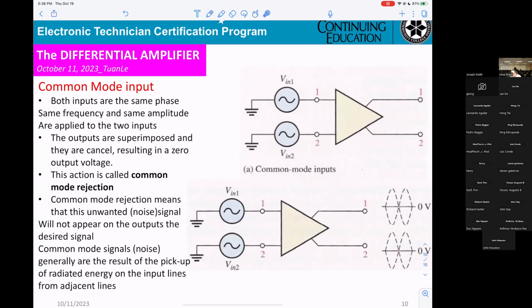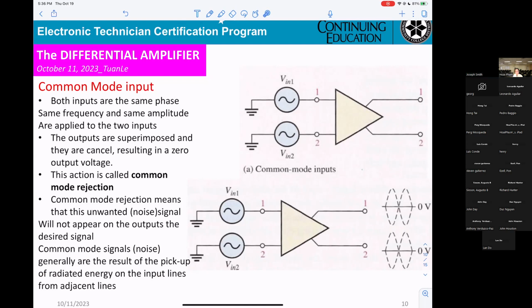They say common mode rejection means that the unwanted signal, that means the noise signal, will not appear on the output, only the desired signal. Common mode signals, that means the noise, generally are the result of pickup of radiated energy on the input lines from adjacent lines. What about the signal? When you look at the signal on the oscilloscope, you cannot see the signal.